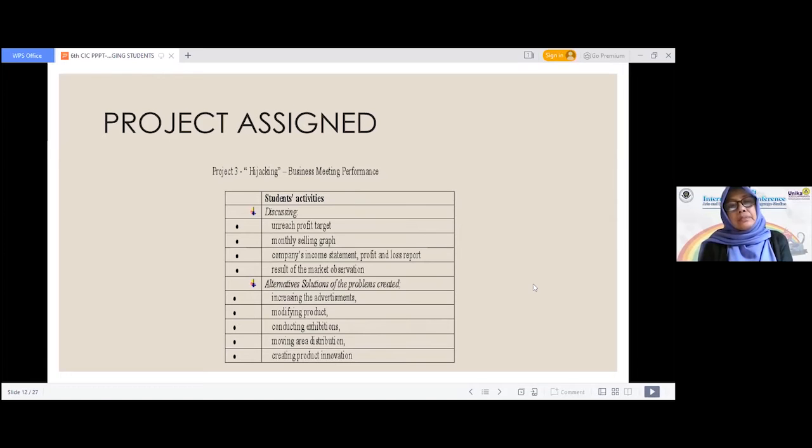And then for the alternative solution of the problem, students try to increase sales by using advertisement, modifying the product, conducting an exhibition, moving the area of distribution, or creating product innovation.